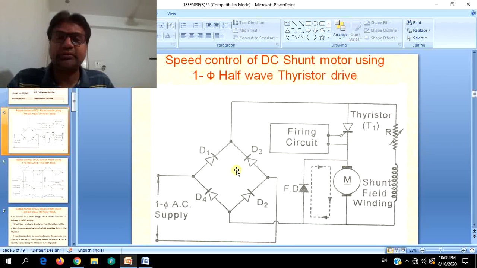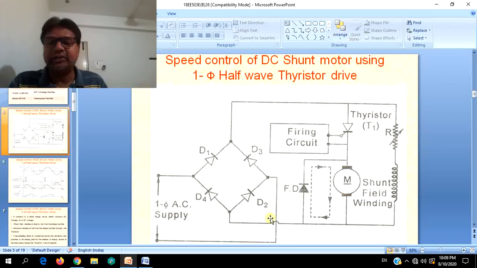Here is shown the circuit in which the supply, which is single phase, is rectified into DC by using a diode bridge. And its output is fed to the DC motor. That is, the same supply across the armature as well as the shunt field winding.